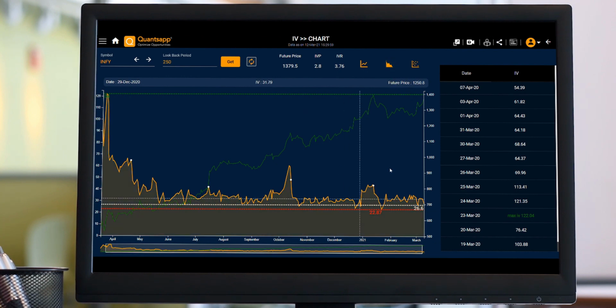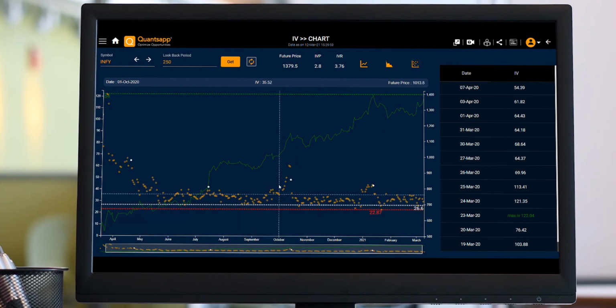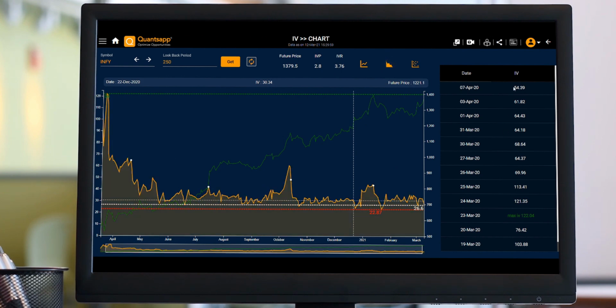I click on it again and it pops up. If I click on the dot section, the yellow dots, or circles, whatever you call them, they resemble the IV, and the rest of the things are the same. And if you find the graphical view a bit difficult to read, you can always refer to the tabular format.